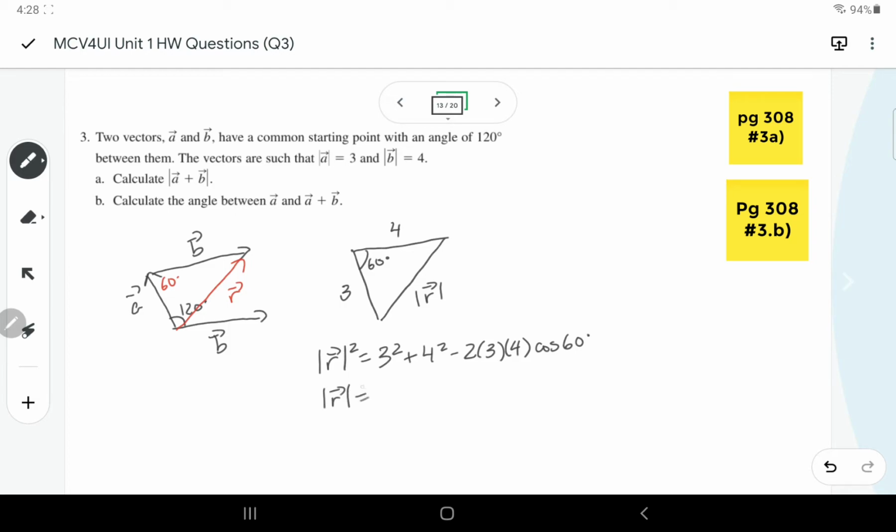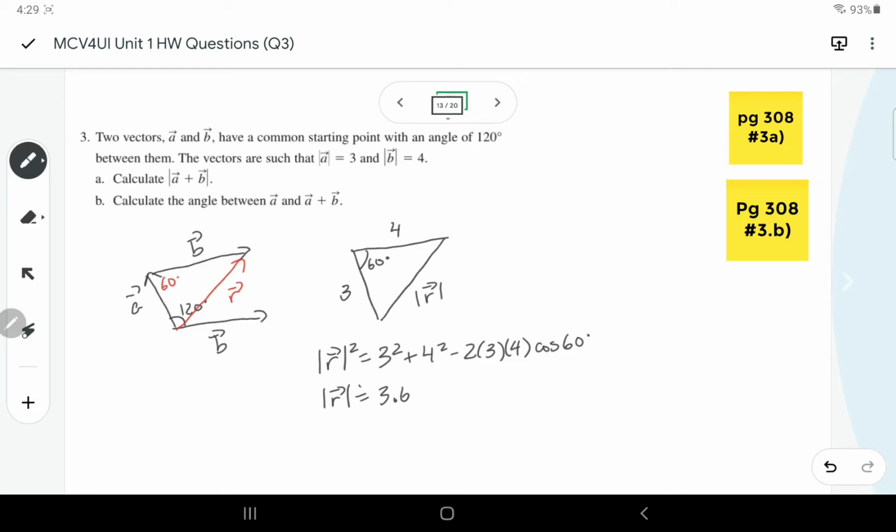So the magnitude of the resultant, doing this on my calculator, is root 13, which is about 3.6 units.